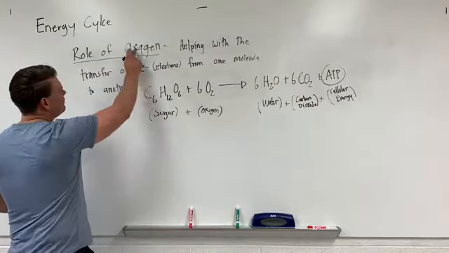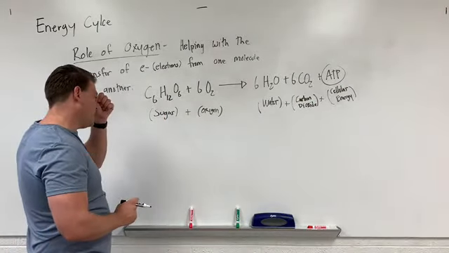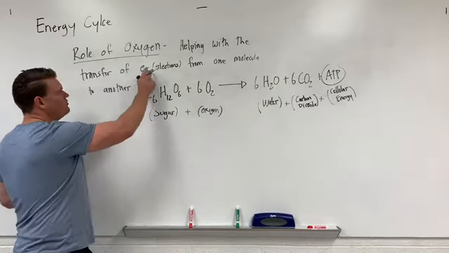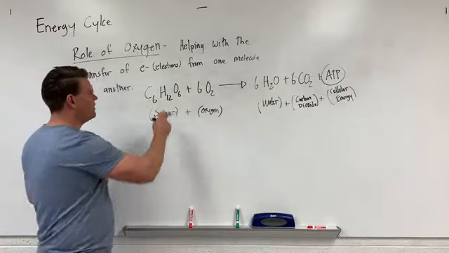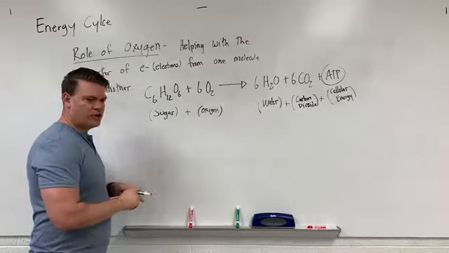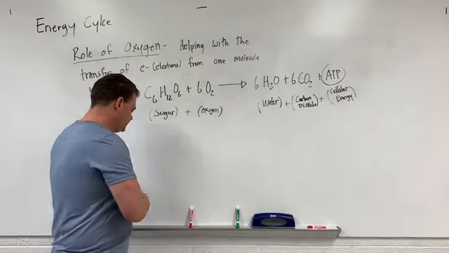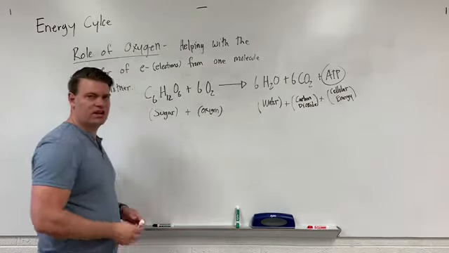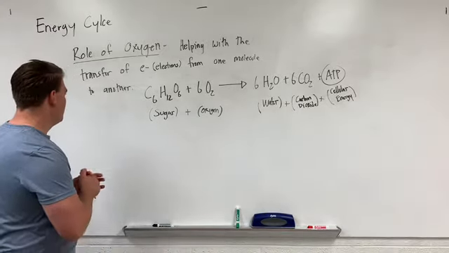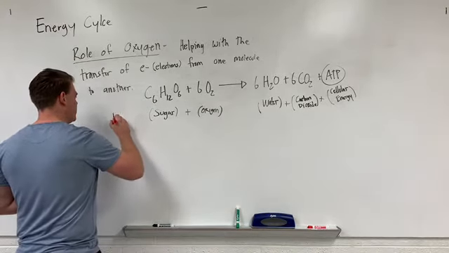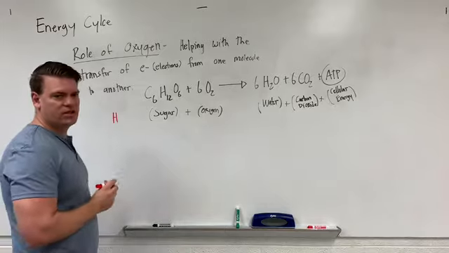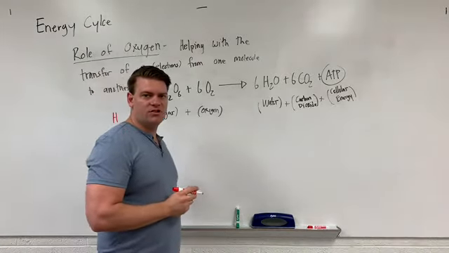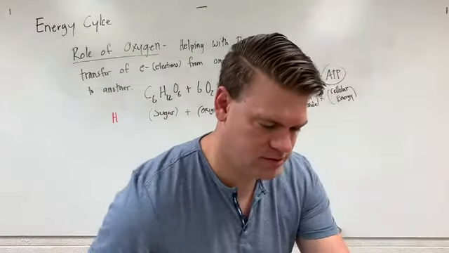And so when we're thinking of the role of oxygen, what's really happening when we talk about the movement of electrons, we're really talking about hydrogens. So if we go back to our chemistry discussion and we draw our hydrogens, remember a hydrogen is the very first element on the periodic table.